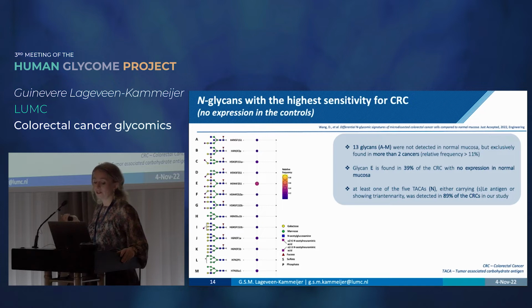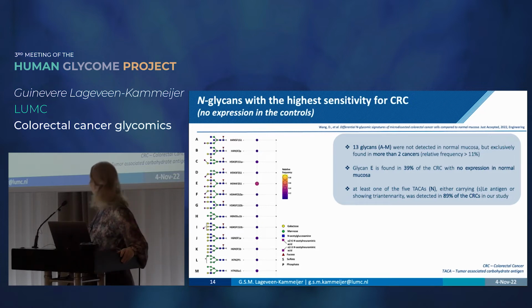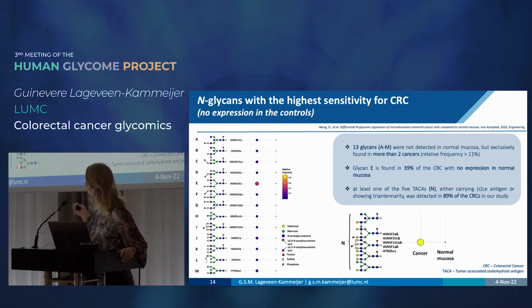But what was actually interesting to see is that if we combine a panel of 5 glycans, then we get a really high sensitivity of 89% with no expression in normal mucosa. Of course, as was also mentioned in the previous talk, it's hard to develop a panel that can target 5 of these glycans. But it's already nice to see that we can find some high specificity for colorectal cancer.